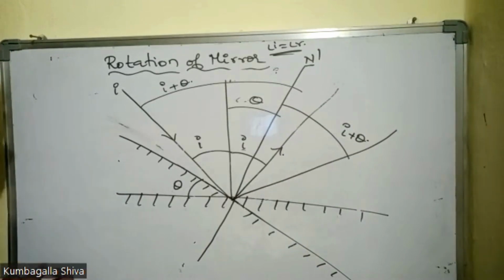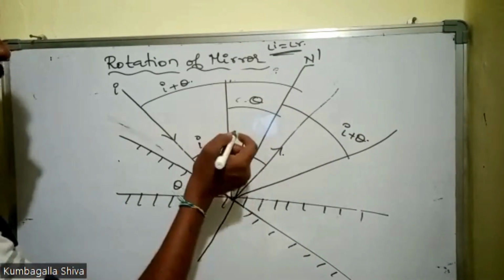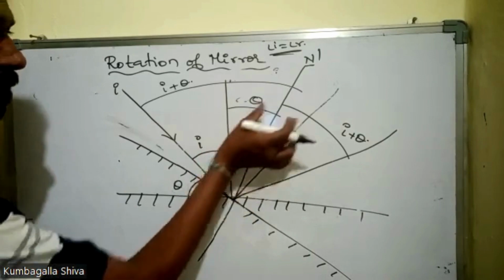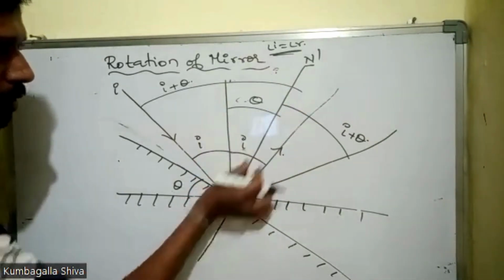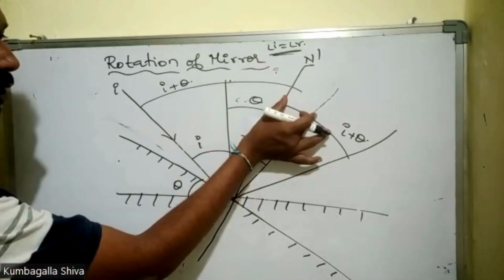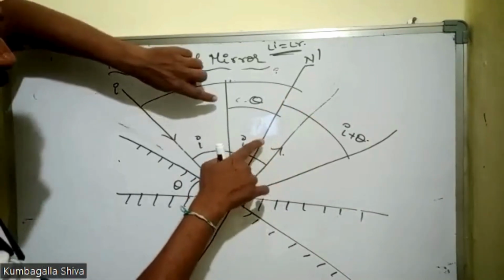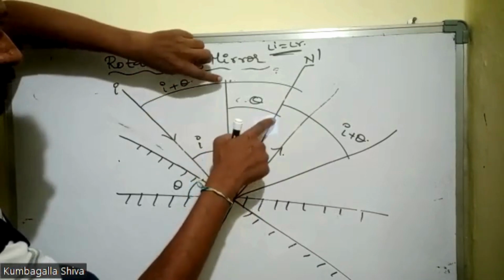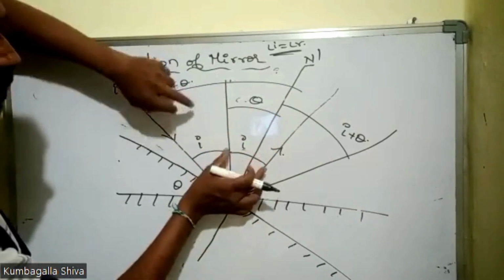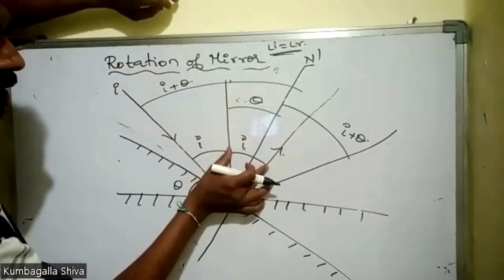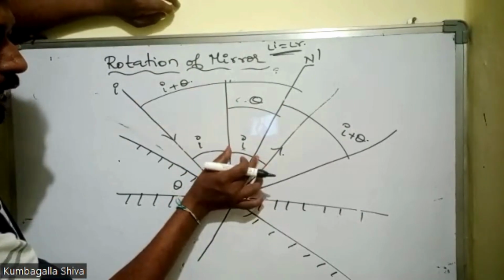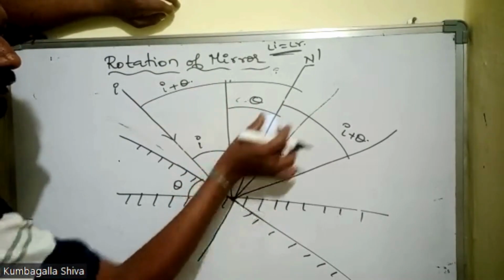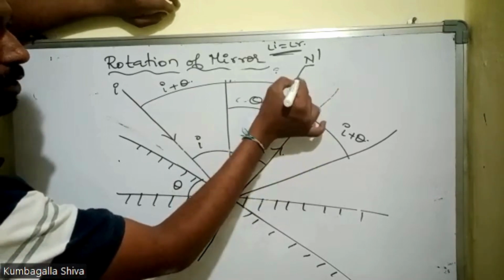Now what I'm doing here is, if I want to find the angle of this area, I take the angle of incidence, and from the angle of incidence I remove the angle theta. I get this angle. How much is that?